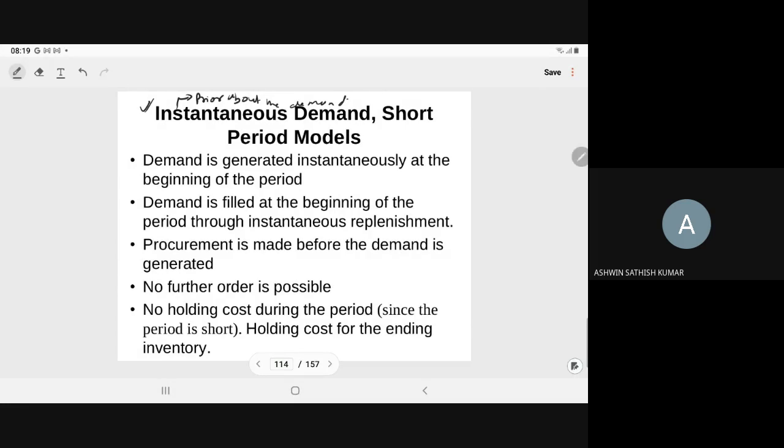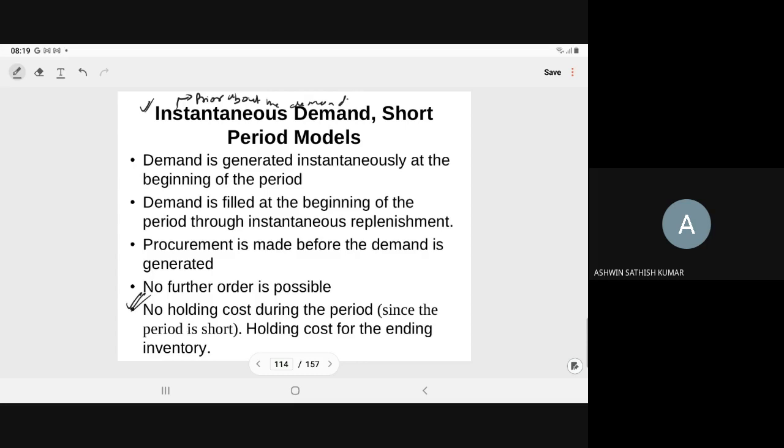So here no further order is possible. It is such a short period. In that period you do not have to bear even the holding cost, right? So the important point is this: no holding cost during the period, since the period is short.